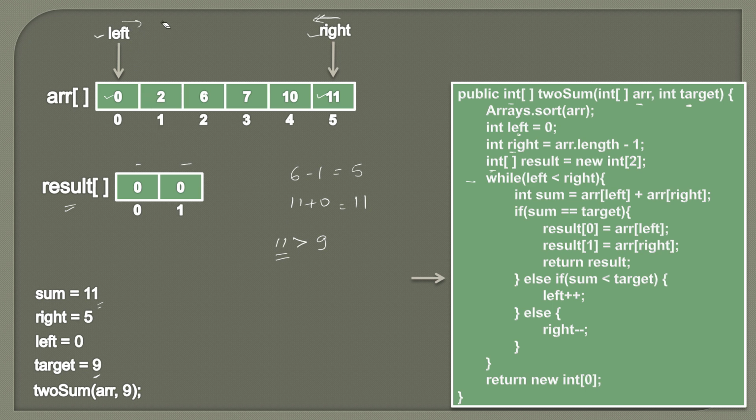So here we can't go in this direction by moving left to this position, because in the next iteration when we will do sum, we will get 11 plus 2, which will give us 13. 2 and 11 will give us 13, and 13 is way more far than 9. So we have only one choice to make, that we reduce the sum by moving right into this direction.